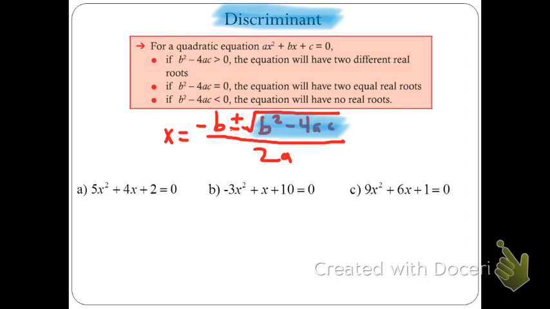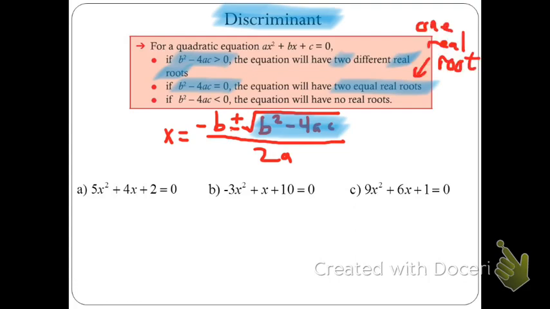And so, if the discriminant is positive, if it's greater than 0, we've seen now that that means you will have 2 real roots. If the discriminant is equal to 0, that means the equation will have 2 equal real roots. Another way of saying that you have 2 equal real roots is to say it has 1 real root.